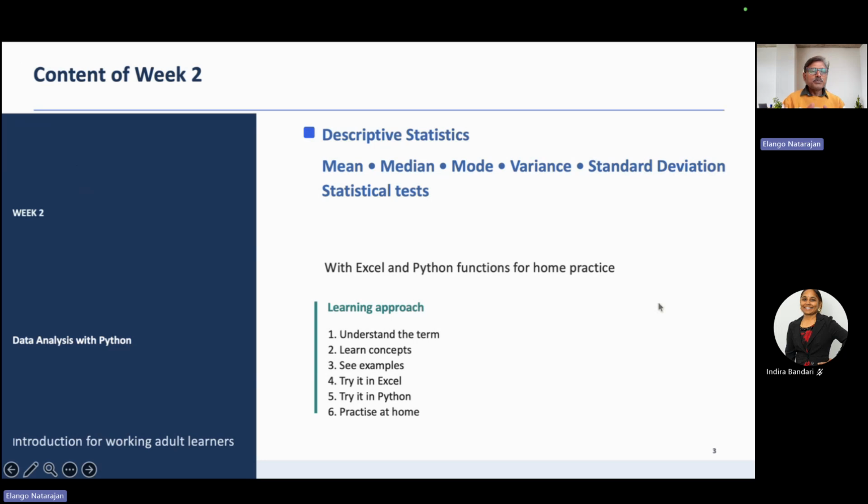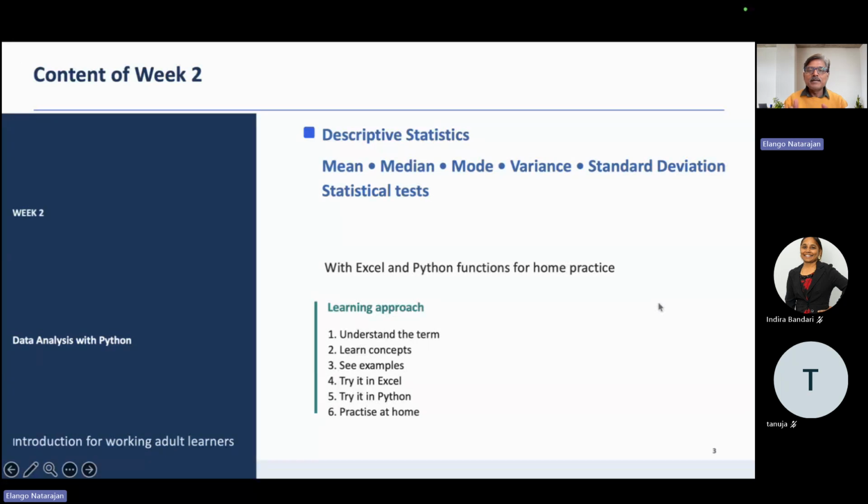So this week we'll be focusing on mean, median, mode, variance, standard deviation. These are the basic things we do when we have a large data set. And in addition, we'll be learning a few statistical tests.